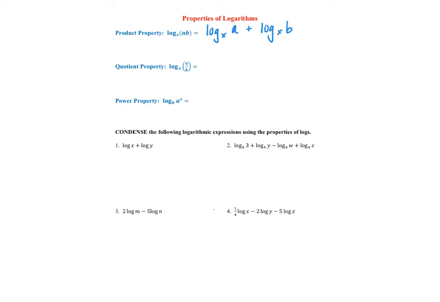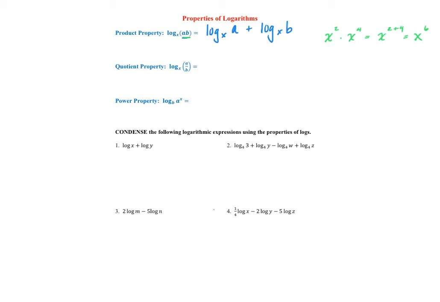So if you are multiplying values in the argument, then you're adding the logs. And that is similar to what you see in an exponential expression. In an exponential expression, when you're multiplying, let's just say I use x squared and x to the fourth, what are you doing? You are adding those exponents. So when you have a product of arguments, you're adding the logs.